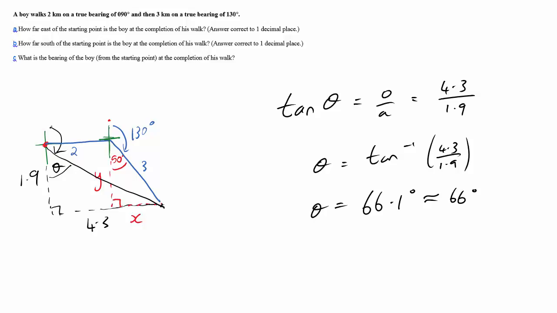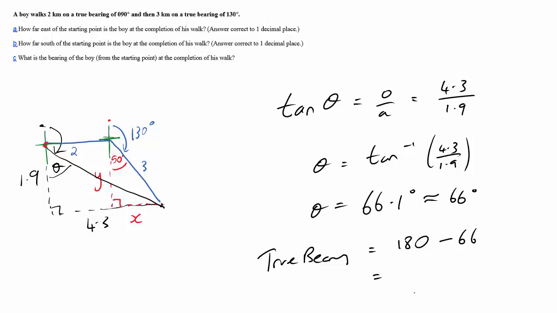The bearing is clockwise from north. So what we need to do is find that true bearing. We need to do 180 minus the 66, because remembering that a true bearing is clockwise from north. This is north clockwise. We want the outside angle, not what theta is.